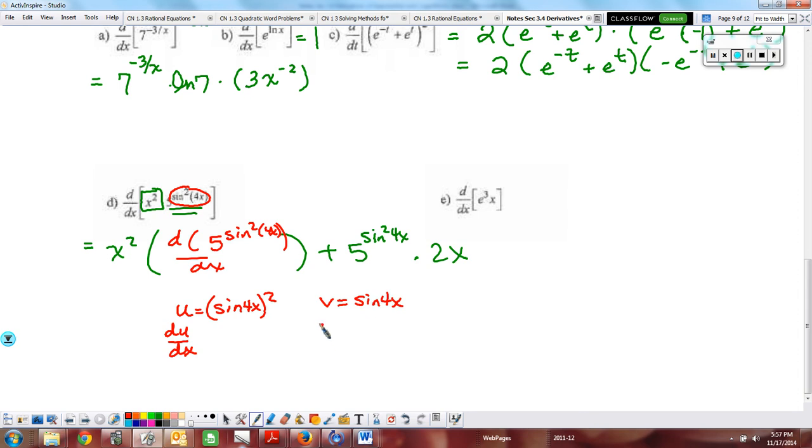So I want to do dv dx. And so when I look at this, the derivative of sine is cosine of that times the derivative of the inside times 4. So I keep going until I get myself down to something I can do the derivative of. Oh, see, and I totally just made a mistake there.